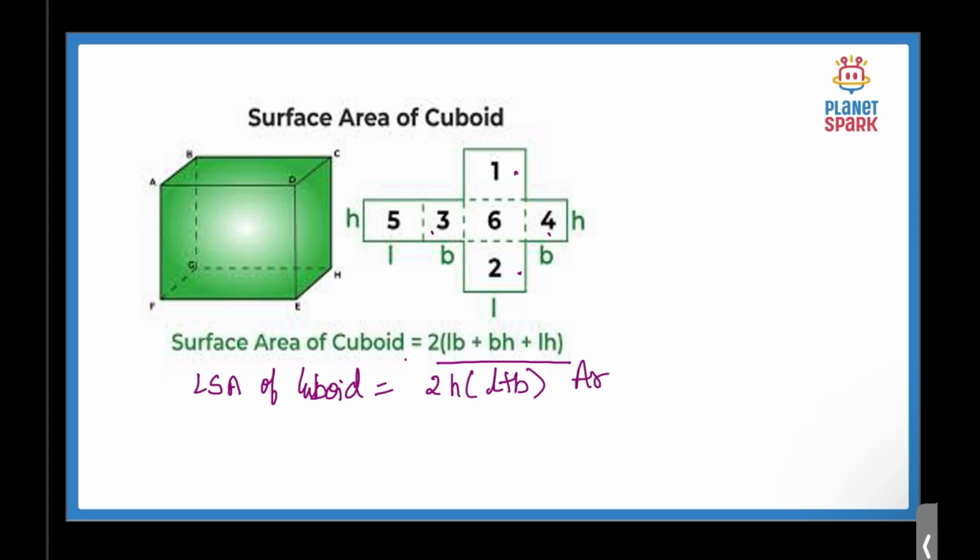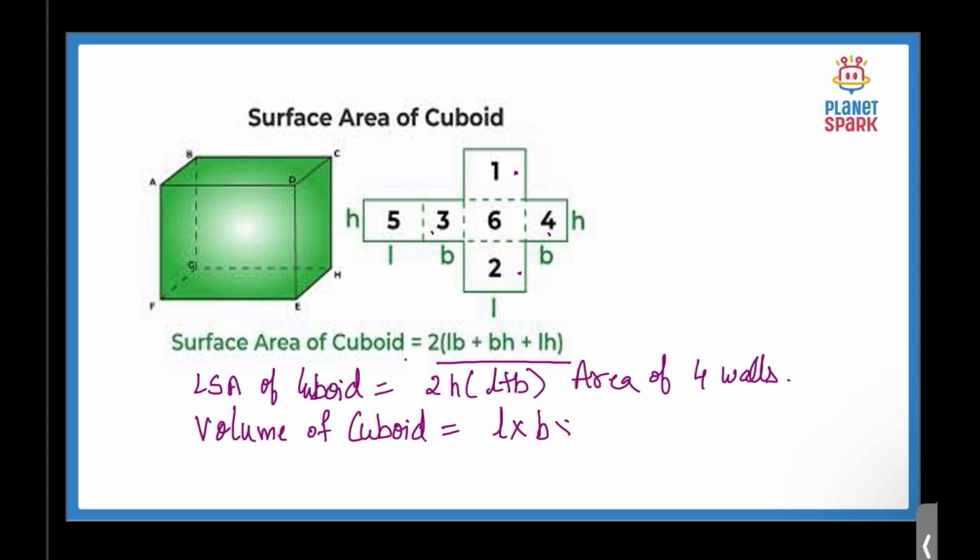Next comes the LSA of the cuboid, which is also known as the area of 4 walls. The difference between total surface area and lateral surface area is that in lateral surface area we don't include the top and bottom, we only include the 4 walls. Volume of the cuboid, that means the space occupied, is L into B into H. An important point to note: how much space is occupied will give you volume.